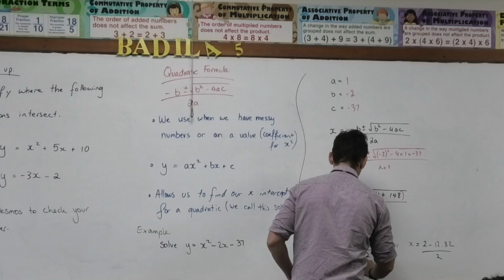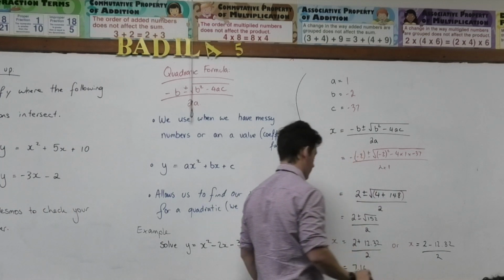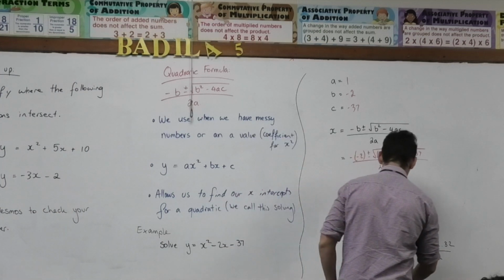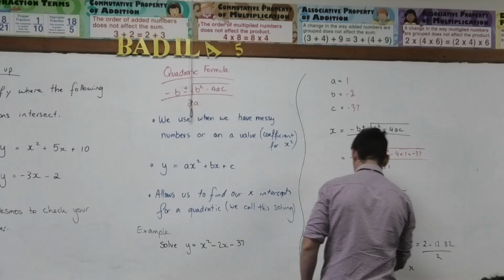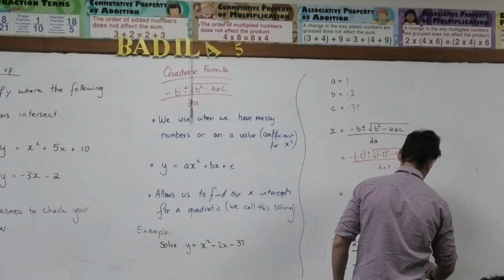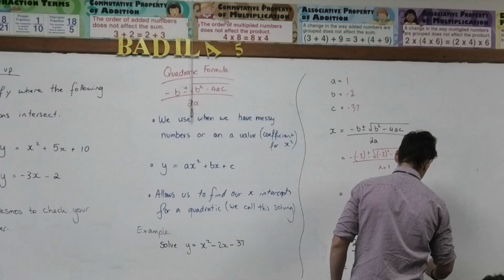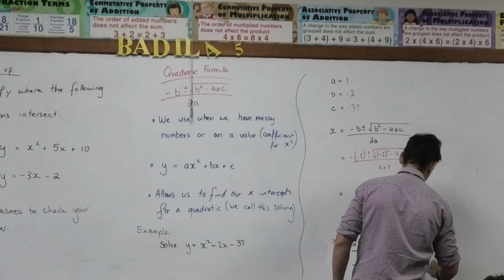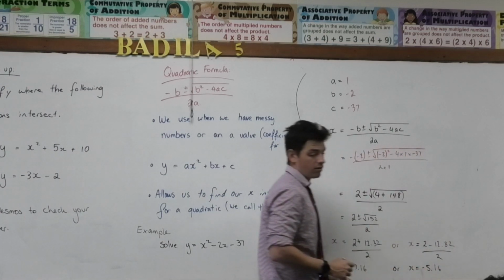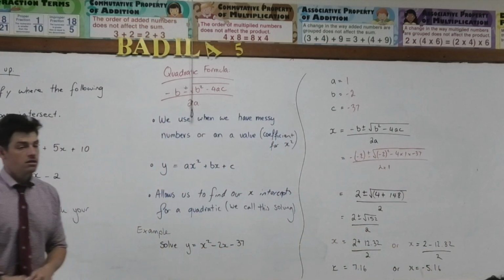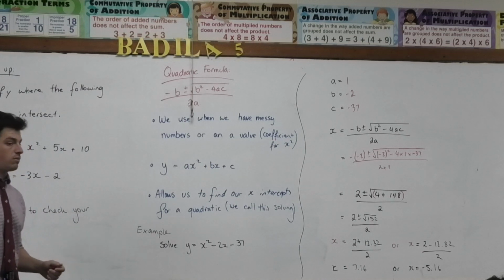I would get 7.16, I think, or negative 5.16. Am I right or am I wrong? I'm just doing that in my head. Is that right or wrong?